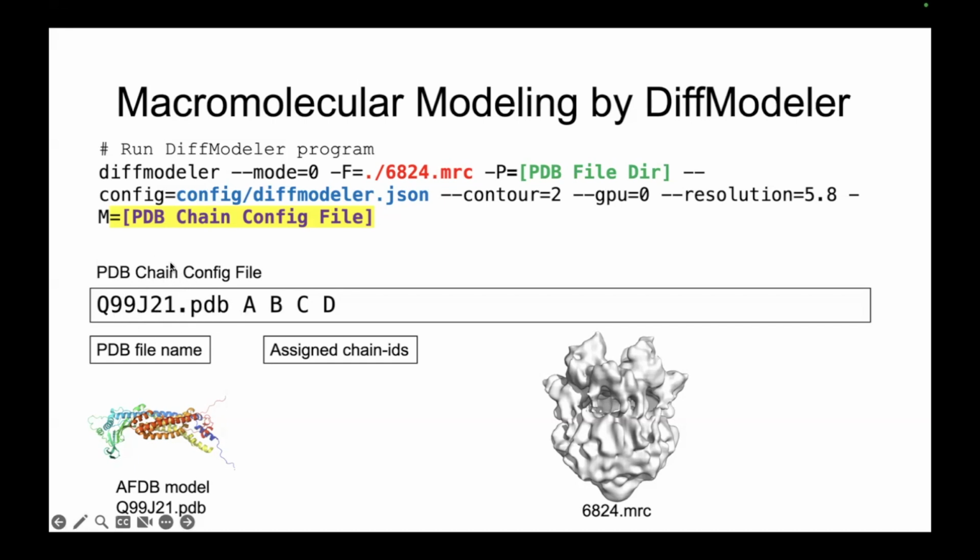Then I want to use this PDB file for the A chain, B chain, C chain, D chain. So the first column is the PDB file name, then the second to last are the assigned chain IDs. Then you can run DiffModeler. This is actually an example for DB models. Using this config file, let's try to fit this PDB structure into this 6824 MRC file.